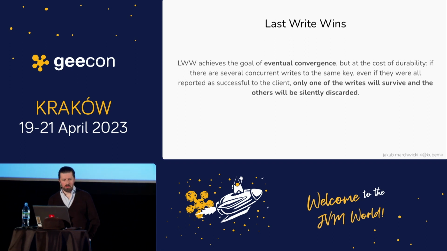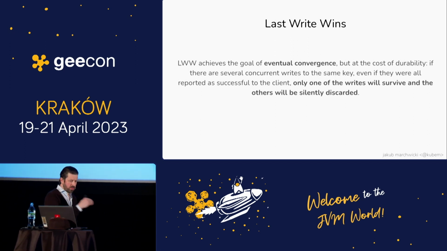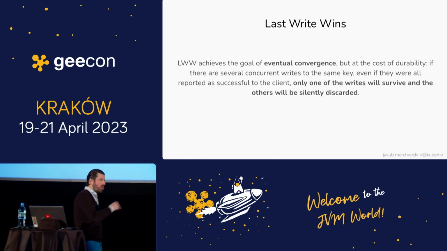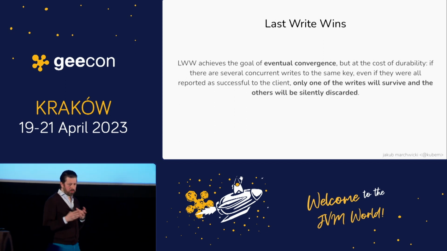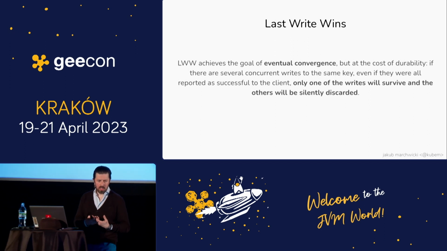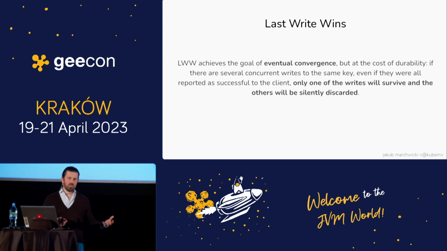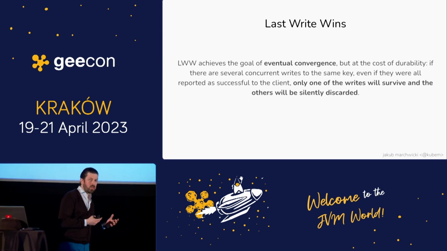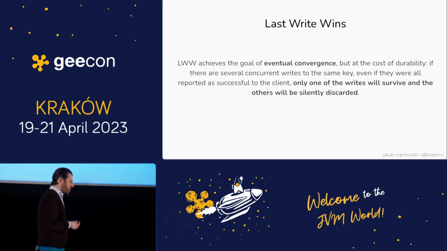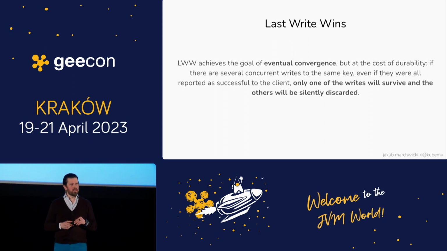So we try to converge at the cost of durability, meaning that if we have several concurrent updates to the same key, even though we successfully reported them to the client, we might only want the last one. And you might say, hey, that's just stupid, you will lose data. Yes, exactly, that's going to happen, and that's how many databases are actually working.